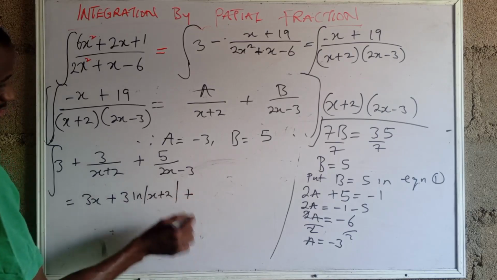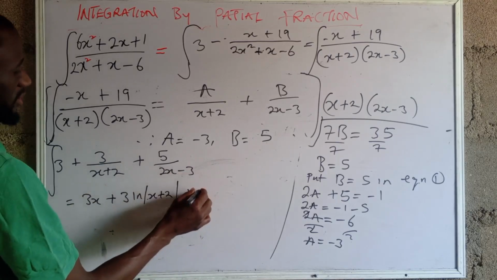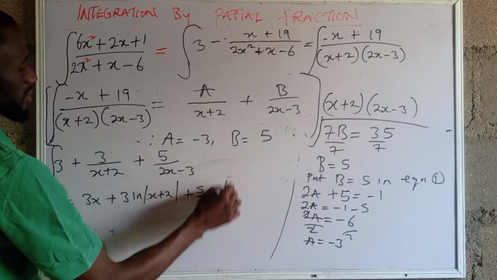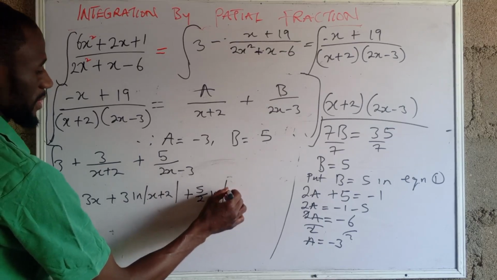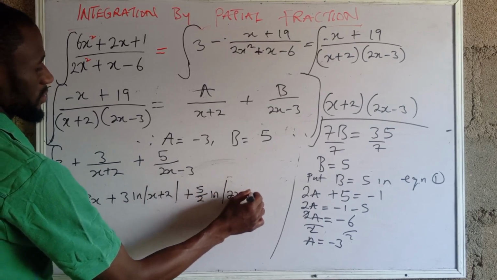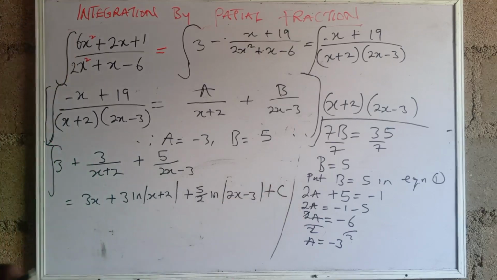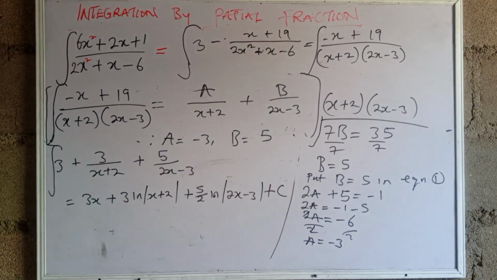That is plus 5 over 2 ln the absolute value of 2x minus 3 plus c. That is the final stage.